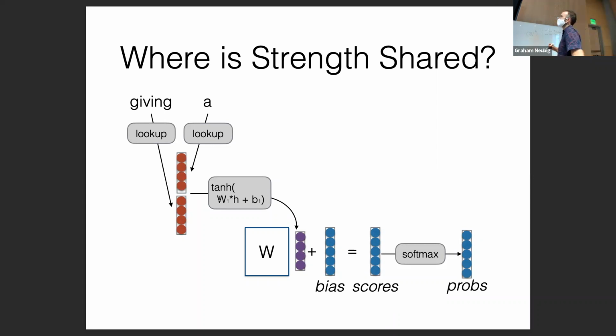So just to give an example, let's say the first element of the first vector and the third element of the second vector were active. And the first element of the first vector was indicating that the part of speech was an article or a determiner or something like this.